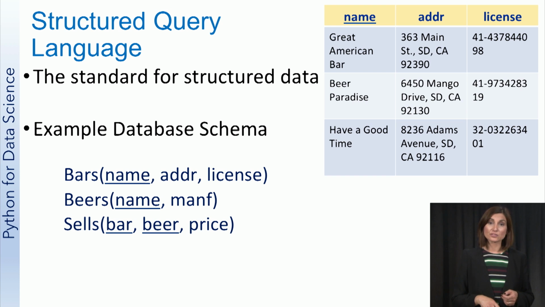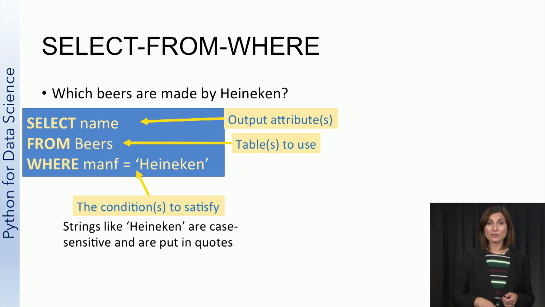The most basic structure of a SQL query is a select from where clause. In this example, we are looking for beer names that are made by Heineken. So we need to specify our attribute, which is our output, in this case the name of the beer. The logical table, which should be used to answer the query, in this case beers.